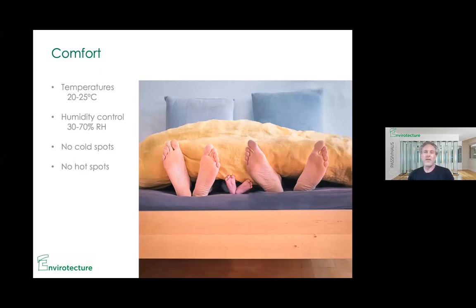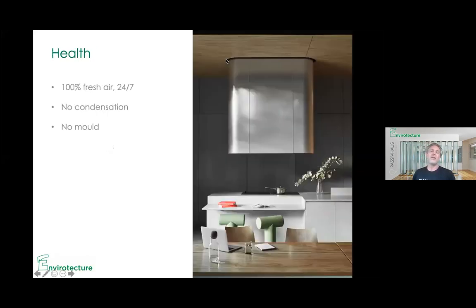The other and arguably most important part about passive house is around health. So health in the sense of a building, still talking about the health of the humans inside of it. All passive house projects, as you'll see shortly, have dedicated ventilation systems. So you have 100% fresh air, 24 hours a day, 7 days a week.